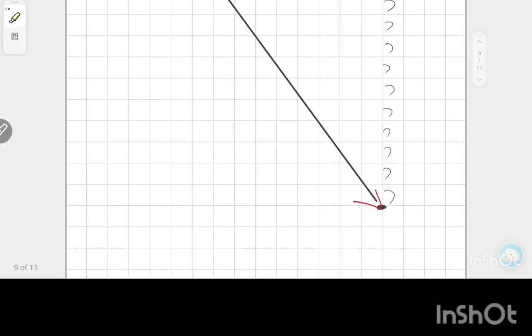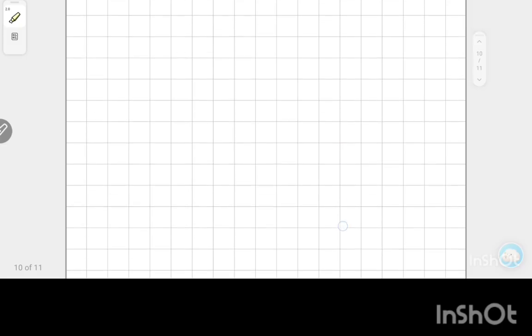Add one important line: AB and BC are not parallel but collinear. Okay, dear students, hopefully you can understand.